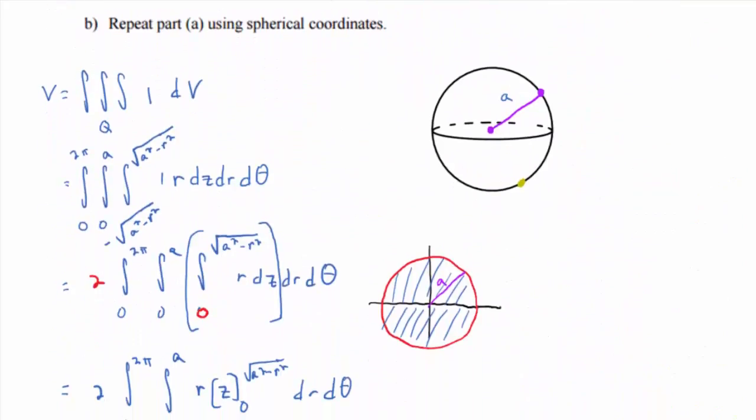Now phi. I want to remind you that if I put in some axes, the z-axis would be going up like this, right? And the initial side of the angle phi is the positive z-axis, isn't it?